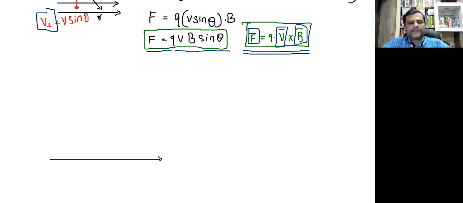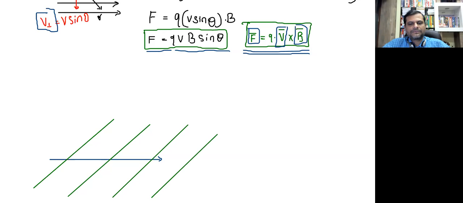This is the direction of magnetic induction in this space. These are the magnetic lines of force.